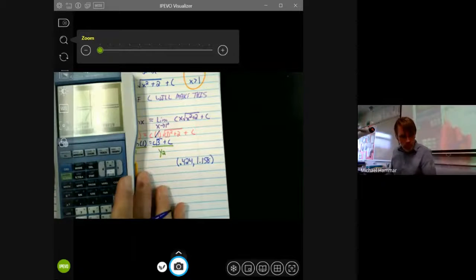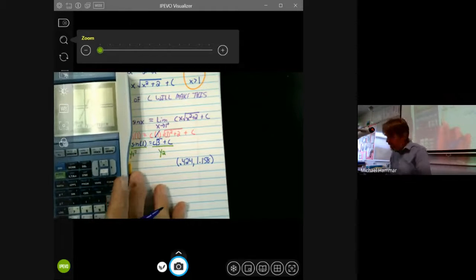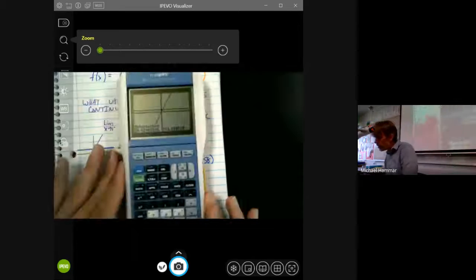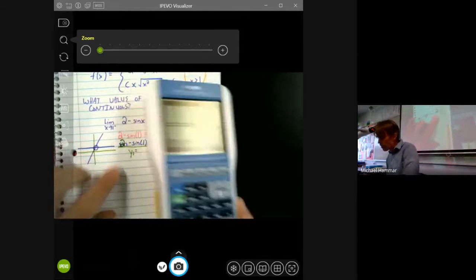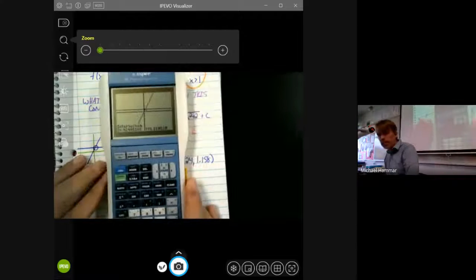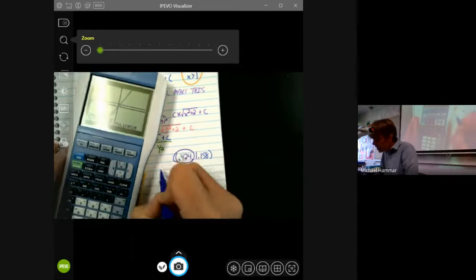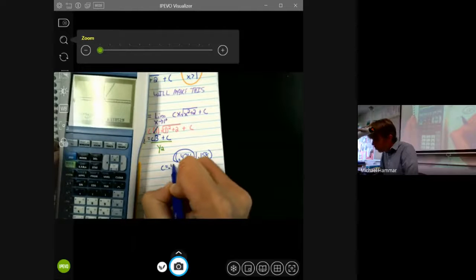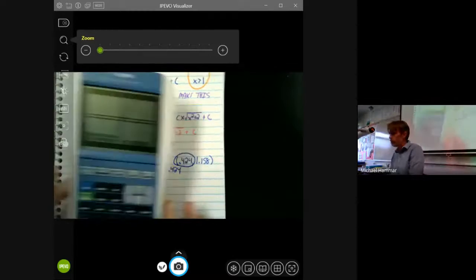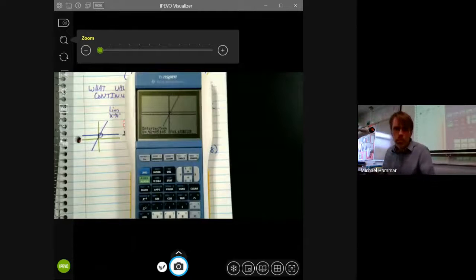Most likely what they're going to ask you is what is the value of x. Because remember, in this equation, we replaced the c with x's. So our answer here is c equals 0.424.